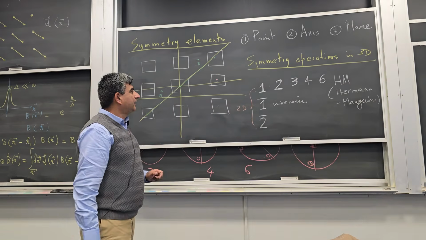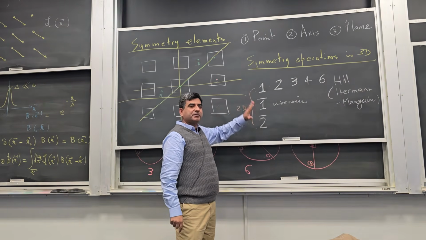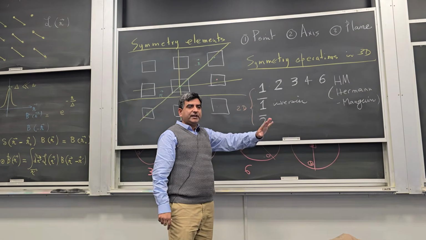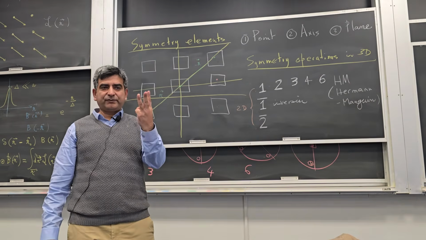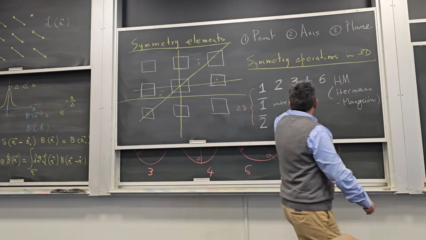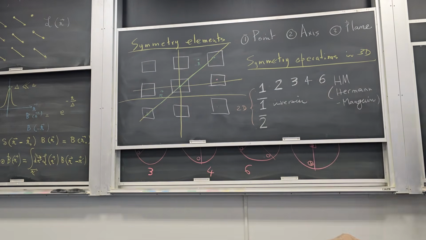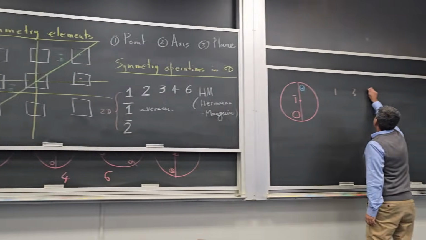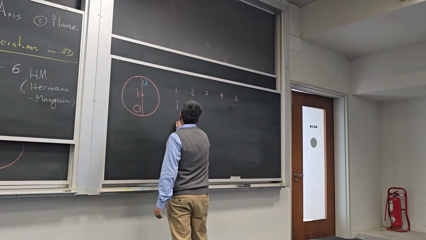So there are 7 symmetry operations associated with two-dimensional patterns, planes, and polygons. In 3D, we have additional symmetry operations, 3 of them. So in 3D, we have all 7 of them: 1, 2, 3, 4, 6, 1 bar, 2 bar.